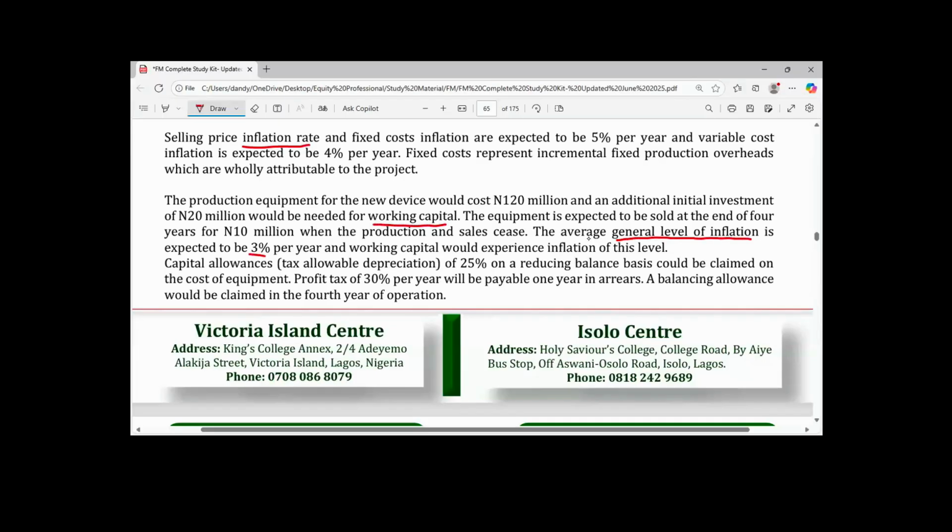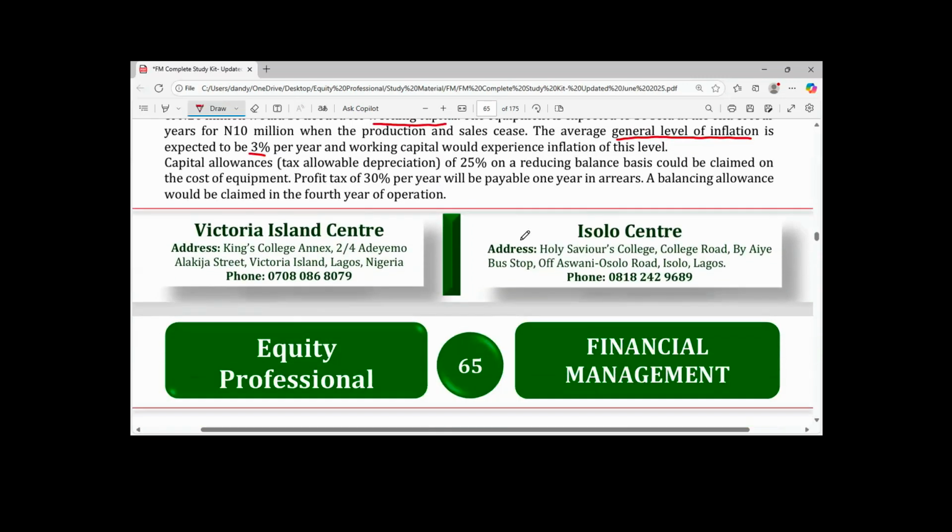Capital allowances, tax allowable depreciation of 25% on a reducing balance basis could be claimed on the cost of equipment. Profit tax of 30% per year will be payable 1 year in arrears. A balancing allowance would be claimed in the 4th year of operation.